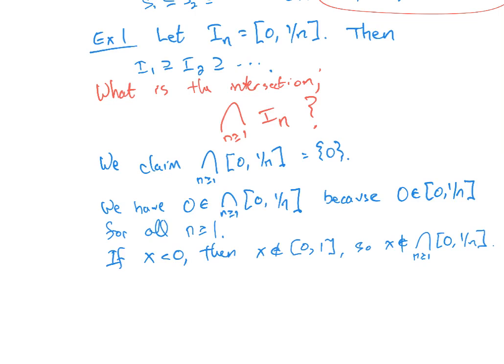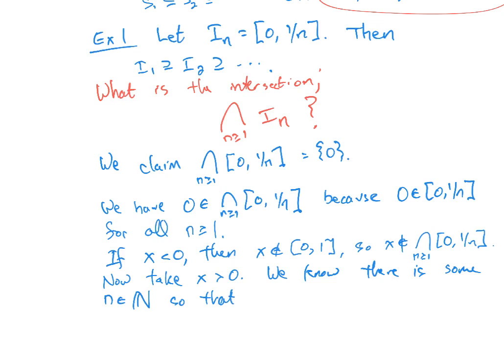Now suppose we take some x greater than 0. And we could open up the book and try to find the actual theorem statement that we're going to use, but that's a waste of time for everybody. This is just a fact, so we know there is some natural number n so that 1 over n is less than x.